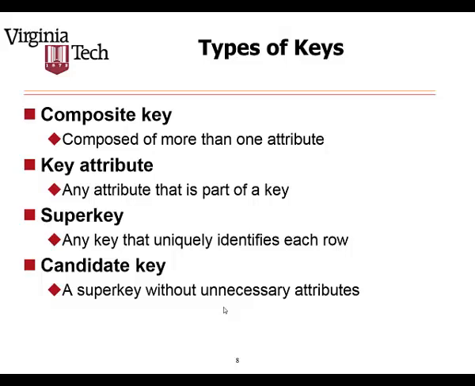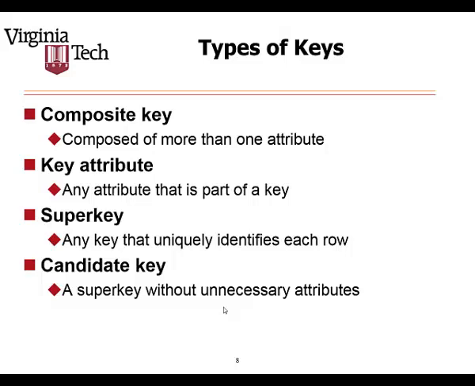A key attribute is any attribute that is part of any key. A super key is any key that can uniquely identify each row. A candidate key is a super key without any unnecessary attributes.